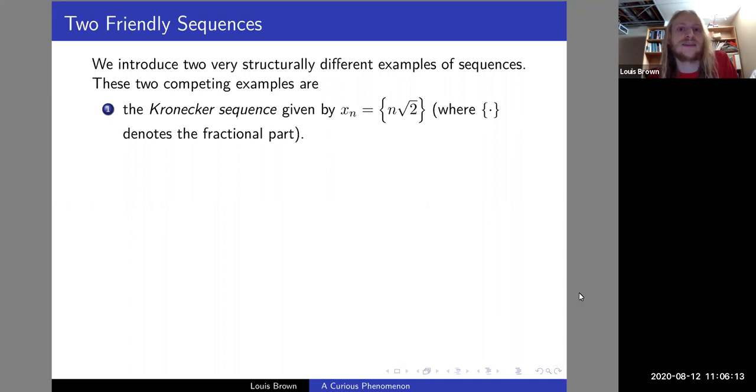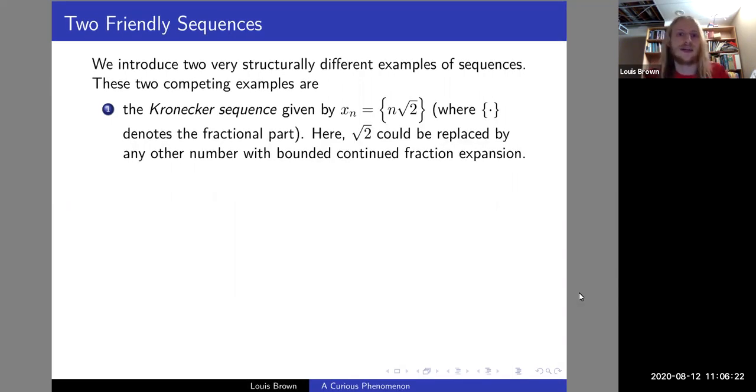We're just throwing away the integer part of that number, and we're going to get a sequence in the unit interval from 0 to 1. And we could really replace root 2 here by any other number with bounded continued fraction expansion. So it's not that root 2 has some magical properties we're taking advantage of here. It works for many numbers.